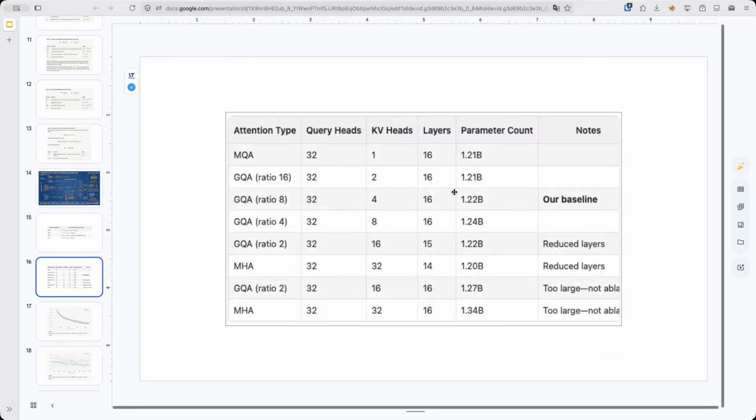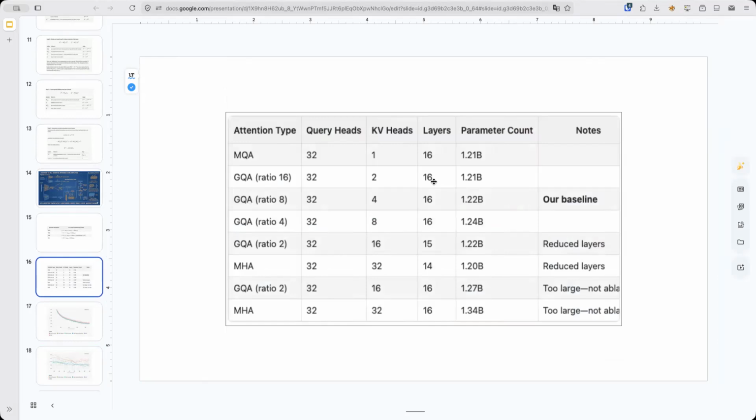Maybe actually, let's see. It's the same number of layers, so I'm puzzled. I don't know why. Oh, actually ratios. Oh, I see. So I think that when they say grouped query attention ratio 16, it means that they have only two groups. So it's like the division factor.